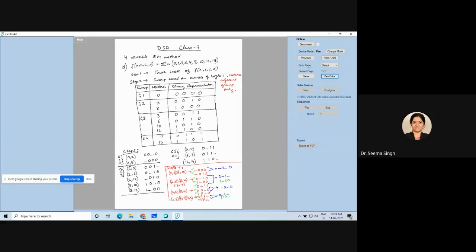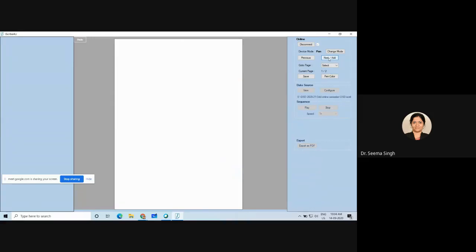So this is the outcome of my step 4. And this outcome of step 4 is called the list of prime implicants. Now I will copy it in my next step. This is step 4 continuation only.